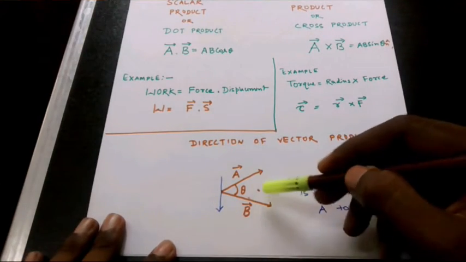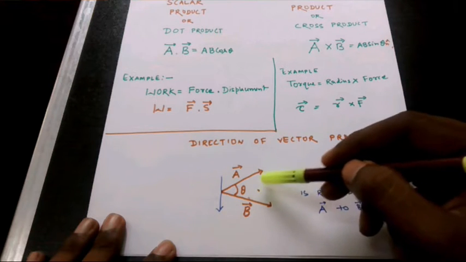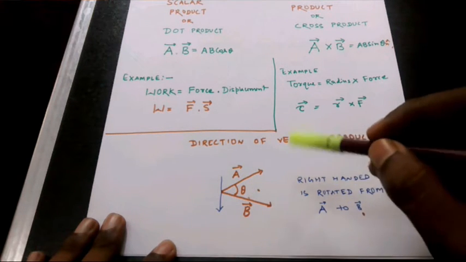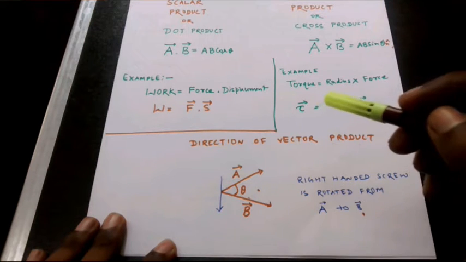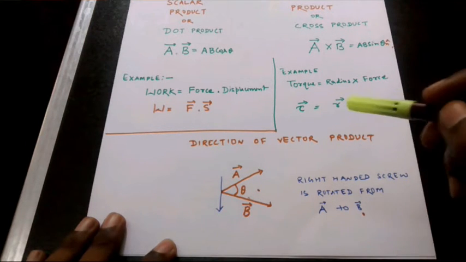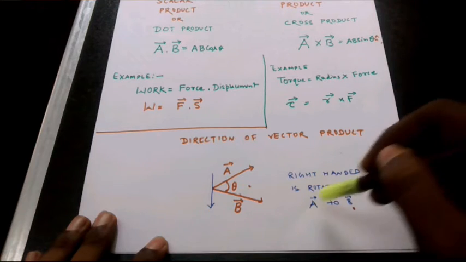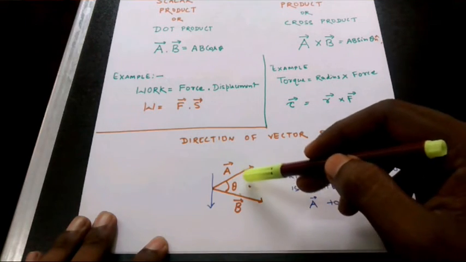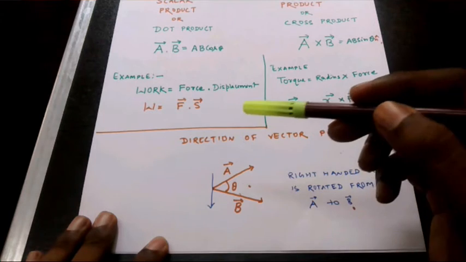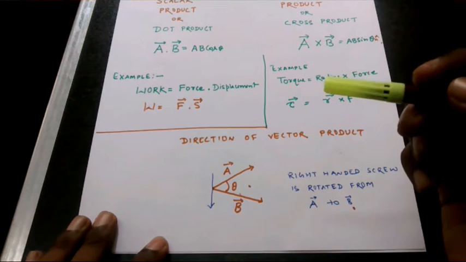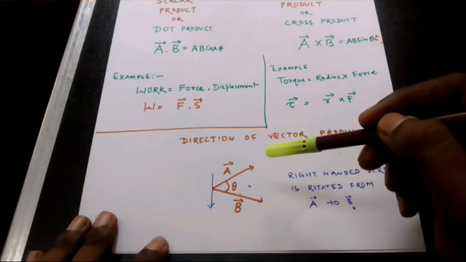If there are two vectors A and B and there is an angle theta between A and B, and A and B are lying on a plane of paper, then the direction of the vector product will be the direction of the advancement of the tip of a right-handed screw which is rotated in the direction from A to B. If a right-handed screw is rotated from A to B, in this example clockwise, then the advancement of the tip of the right-handed screw will give the direction of the vector product. Here in this example it will be downward.